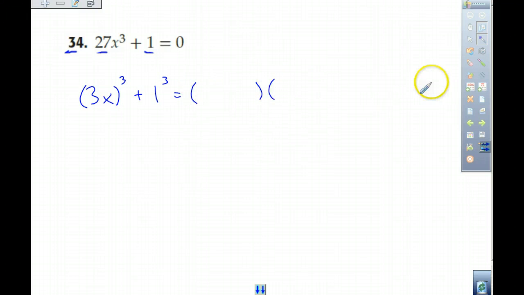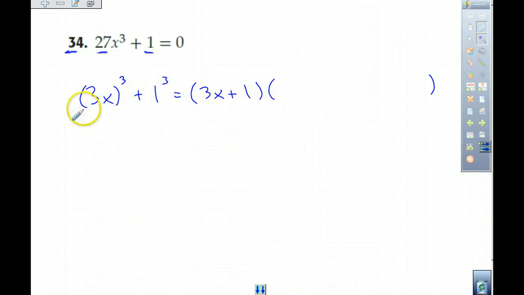So binomial, trinomial. What goes in the first binomial? What is it? 3x plus 1. So it's the same, just without the cubes.